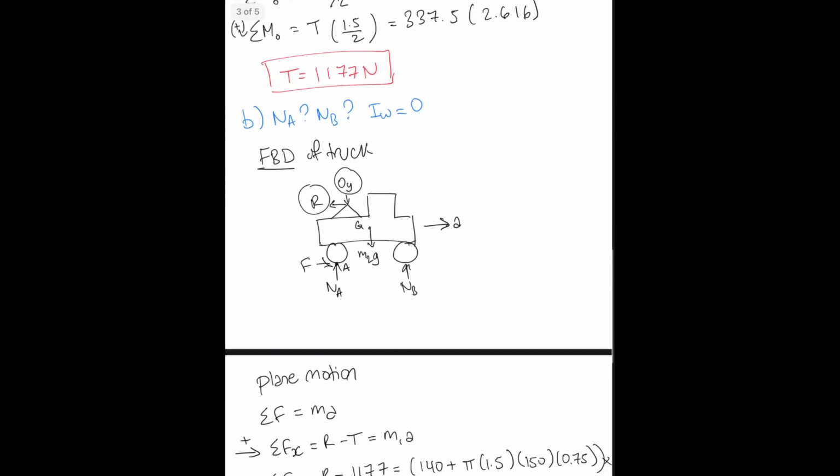Now, finally, after we found the normal reaction force on B, we can easily find NA by doing the sum of forces in the y direction. So sum of forces in the y is going to be equal to 0 because it doesn't accelerate in the y. Sum of forces is going to be NA plus NB minus M2G minus OY is going to be equal to 0.